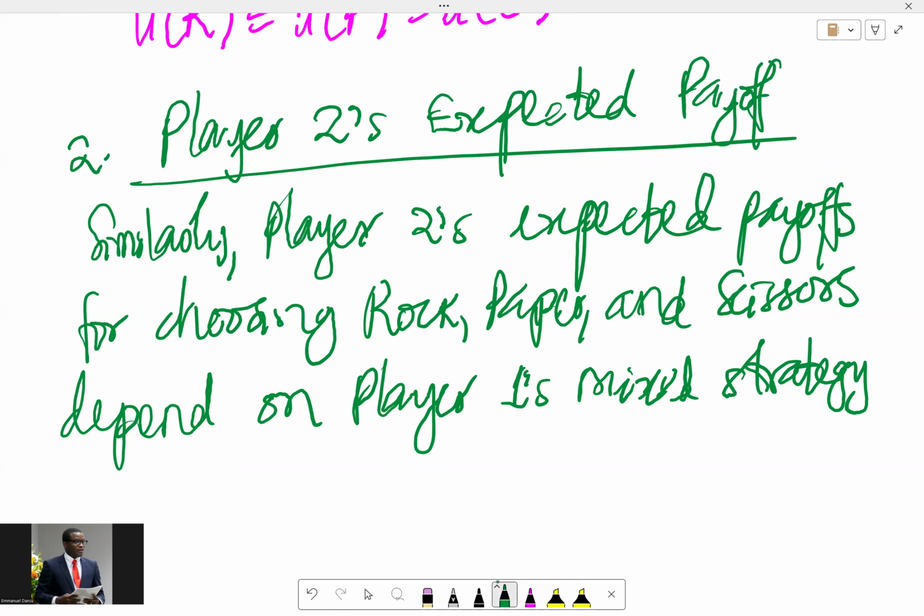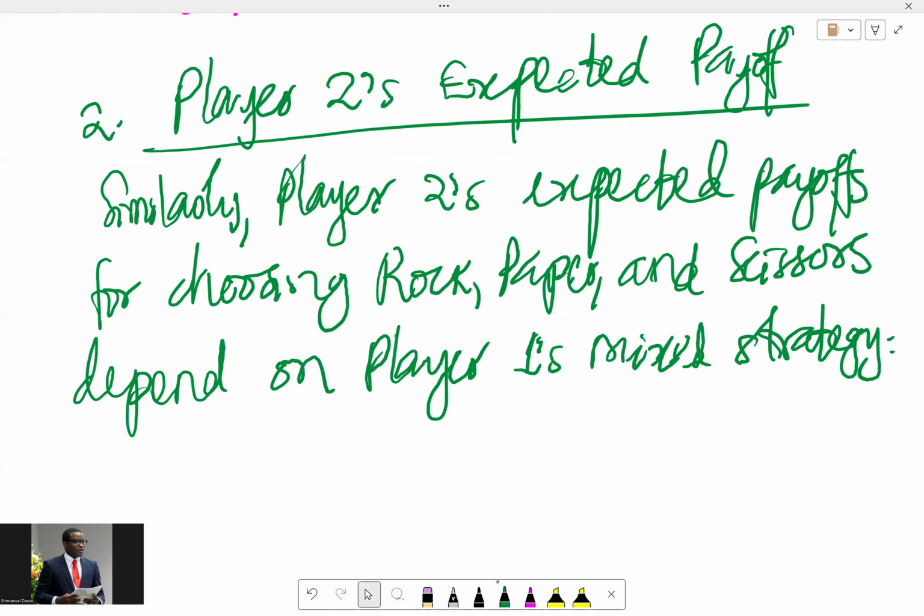And don't forget the probabilities for player one choosing rock, paper, scissors: P, Q, and R. So here now we say for rock.